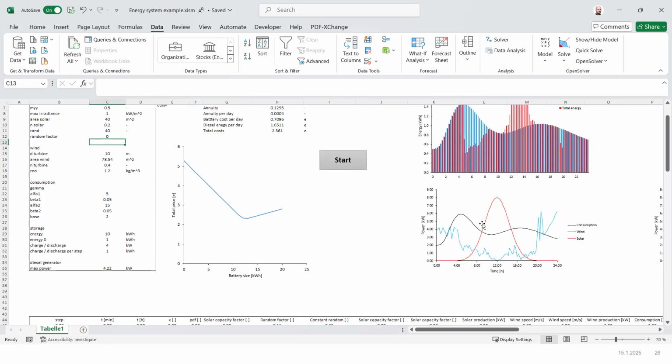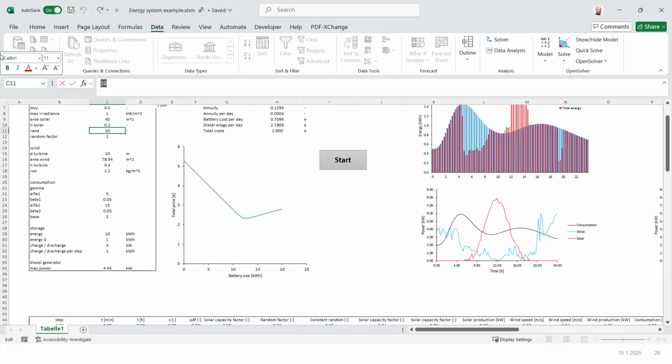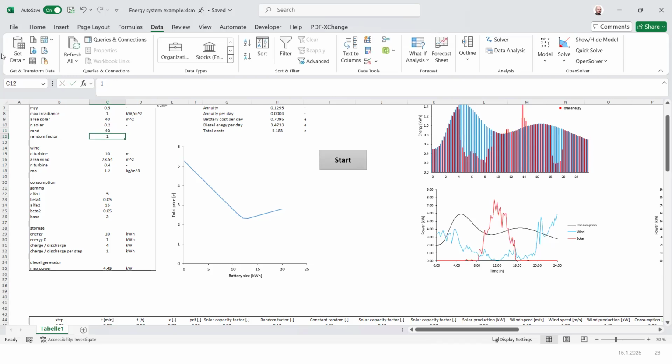So without the subtraction, the solar production would look something like that. So that would be all the way sunny day. If I put 10 in here and put the randomness factor on, it only subtracts a small part, so there's little cloudiness. If I put 40 in here, it's going to subtract much more.